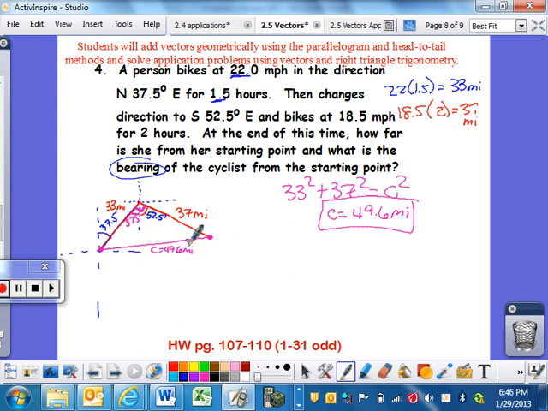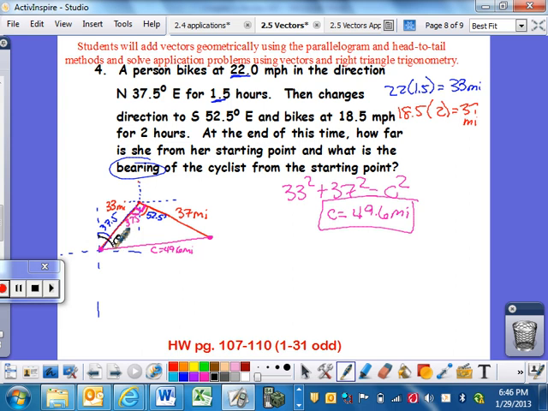And if I feel like it's from the north, I need to start due north, kind of like I was, and I have to get all the way down to that pink line that is my actual distance that I traveled. So I already know that the top part is 37.5. I need to figure out this angle inside my triangle so I can add that on to 37.5 to get the actual degree measure from north towards the east.